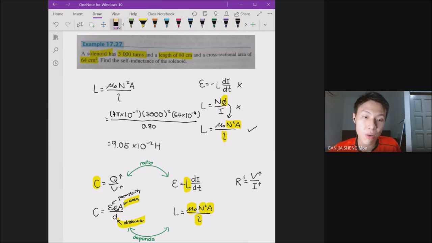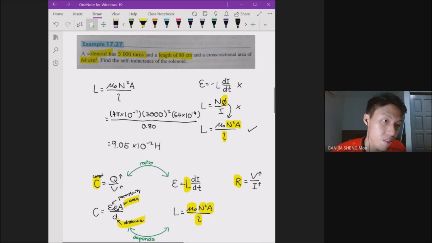If you change I, what changes is the V. Okay, the R here is a constant. Let me just write it: constant. Okay, this L here is constant. This R here is constant.